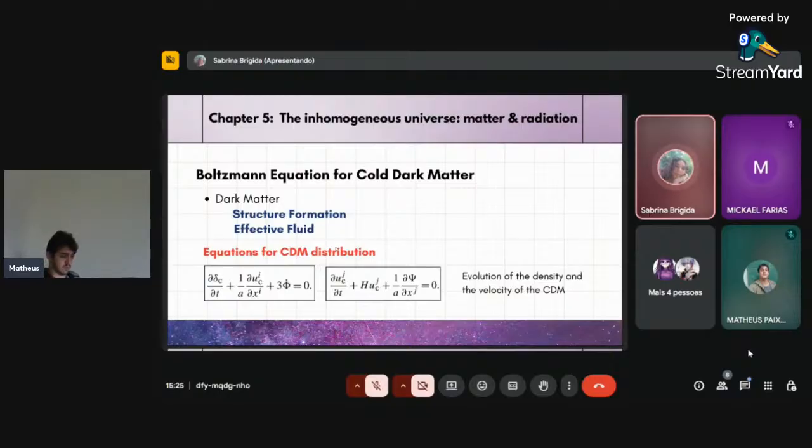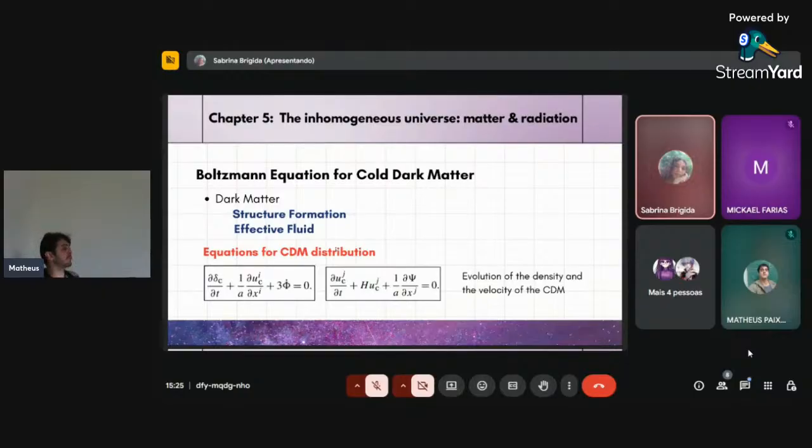So because dark matter does not interact with any of the other constituents in the universe, we don't have collision terms. So we don't have collision terms for our Boltzmann equation for dark matter. And the cold dark matter will be non-relativistic. So we can use a collisionless Boltzmann equation for massive particles. So we treat dark matter as an effective fluid.